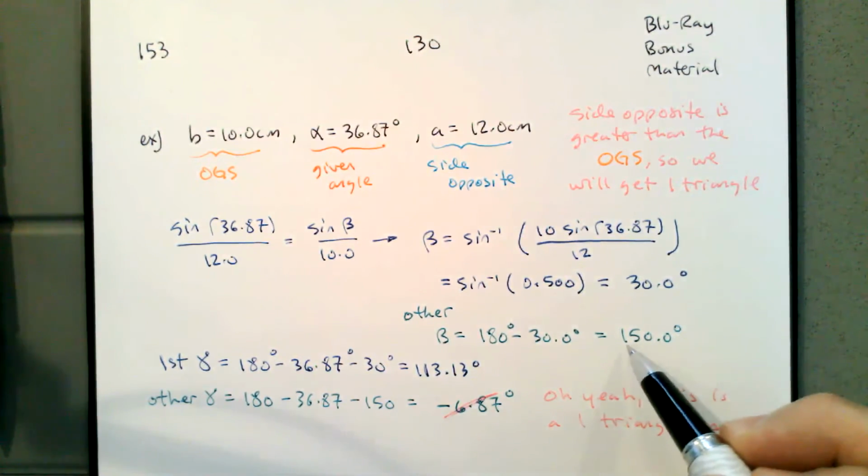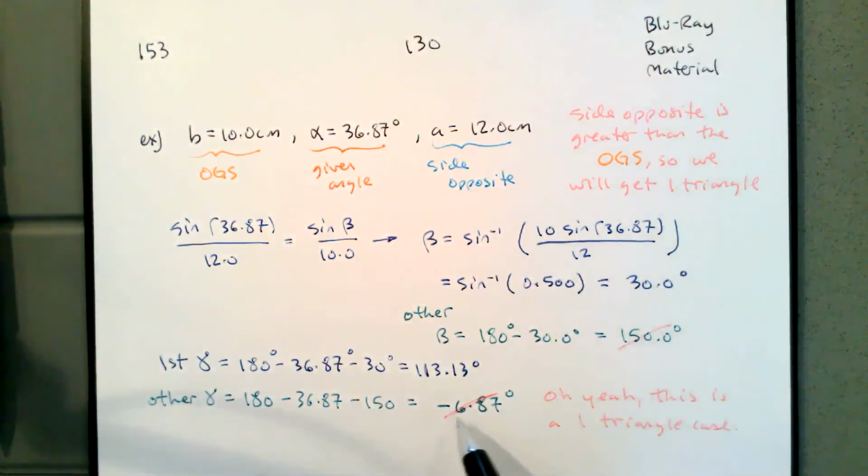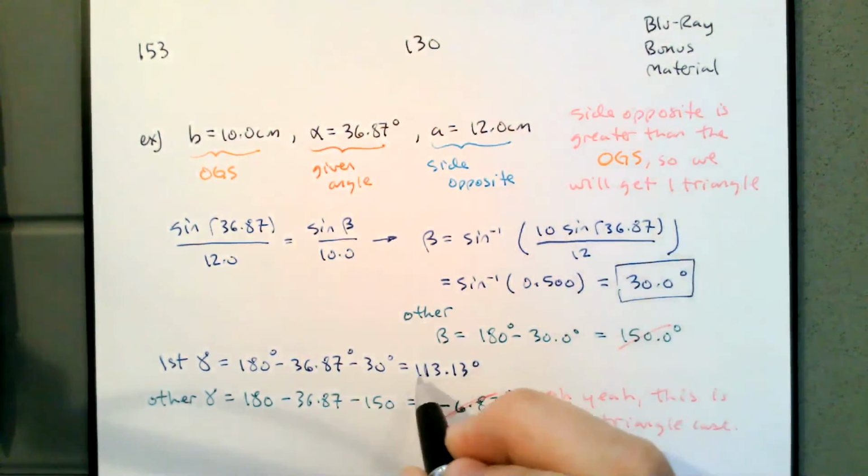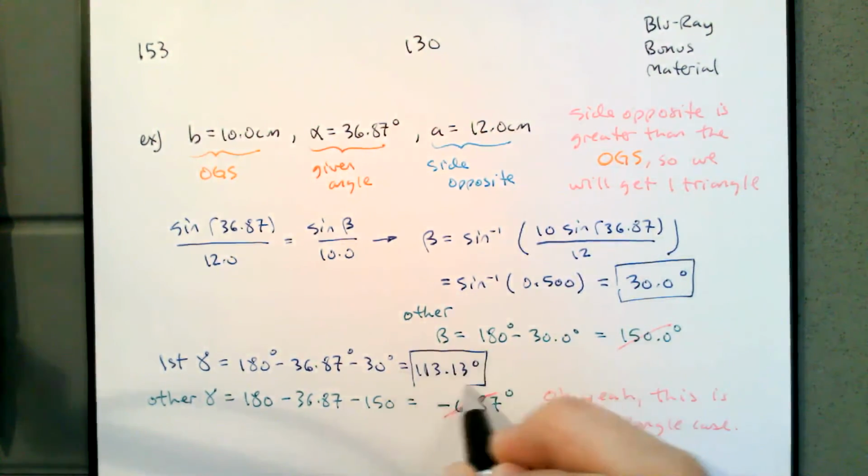And so I don't need this other beta. I don't need this negative 6.87. I've only got one triangle. The only beta that we get is the 30-degree angle. The only gamma that we need is the 113.13.